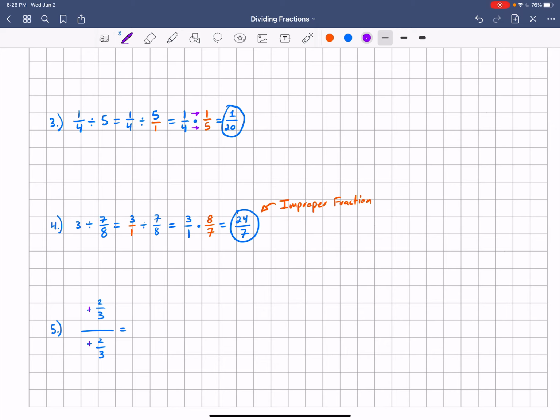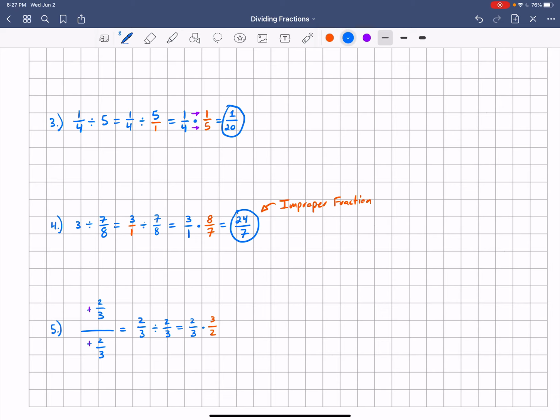If we really want to deal with this the long way, what we can do is rewrite this as 2/3 divided by 2/3. Now we can move forward just as we did before. We'll keep the first fraction the same, change division to multiplication, and then we'll flip the second fraction.